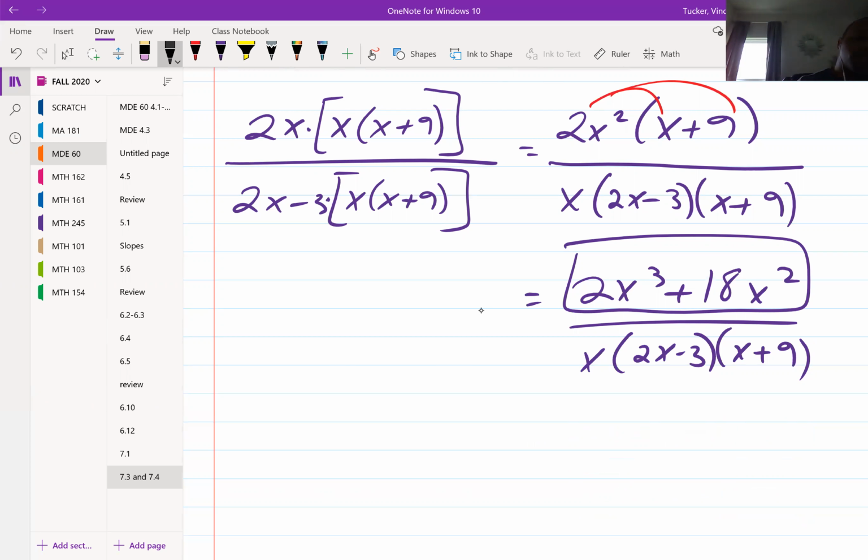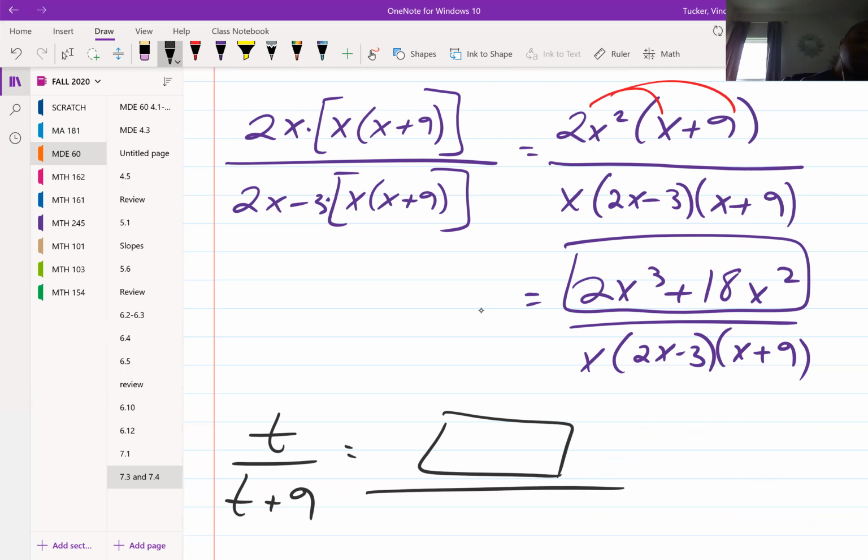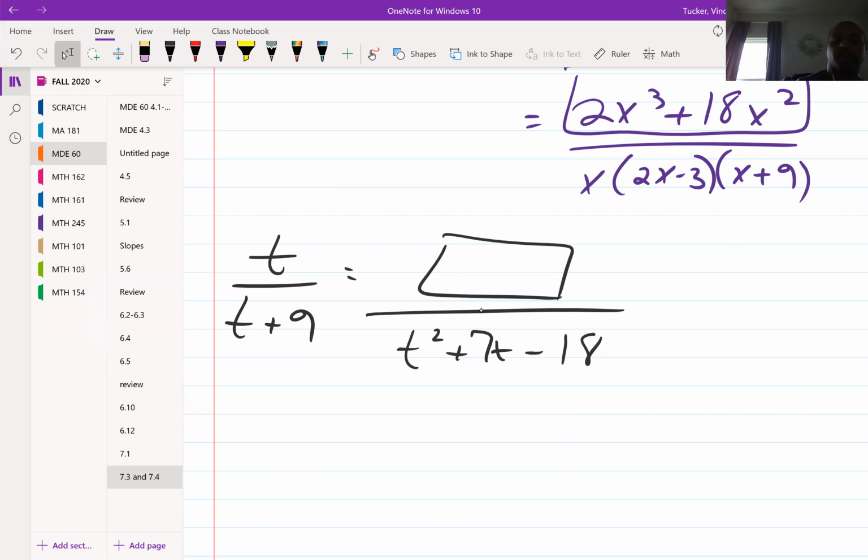Do one more like that. So you have t over t plus 9 be equal to, we have the box, and then t squared plus 7t minus 18. Once again, you want to know what is the difference between the two denominators.